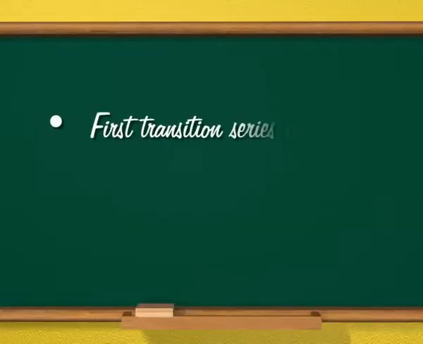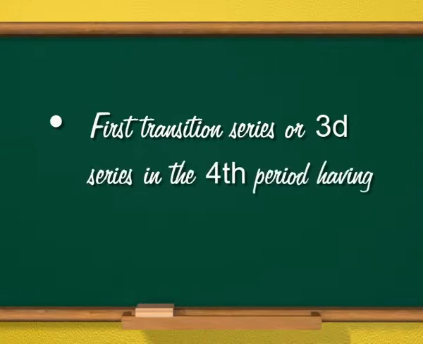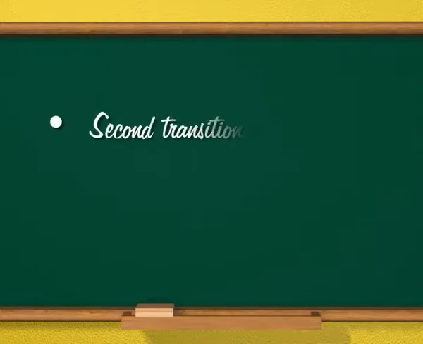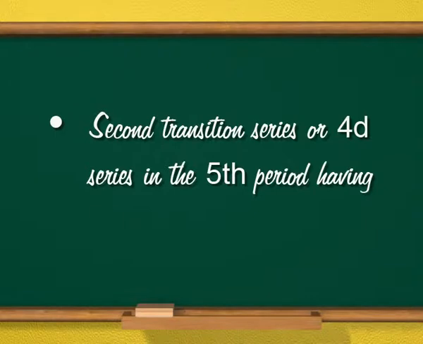All D block elements are classified into 4 transition series. These can be named as first transition series or 3D series in the 4th period having 10 elements. Second transition series or 4D series in the 5th period having 10 elements.